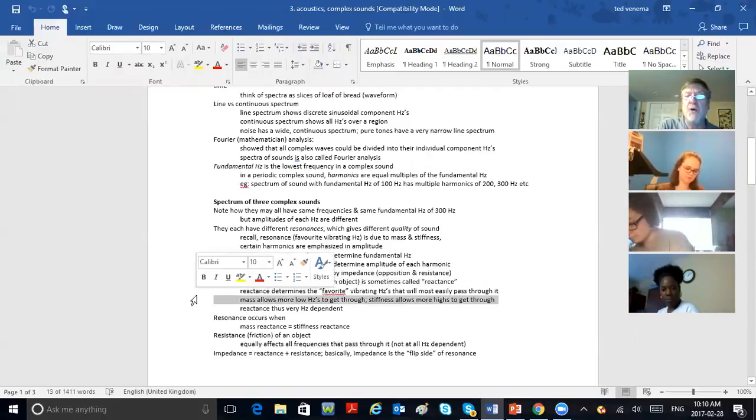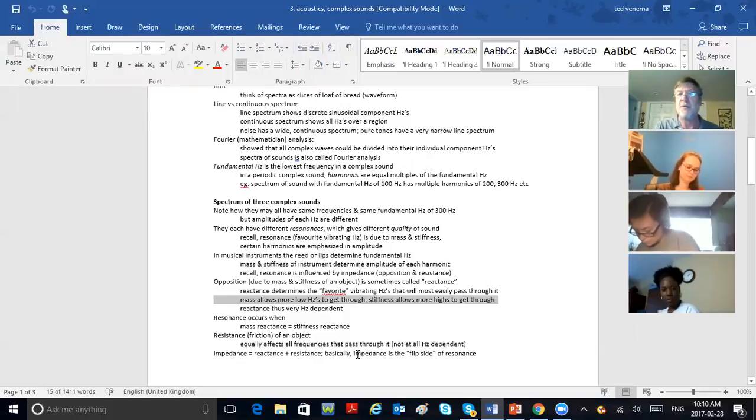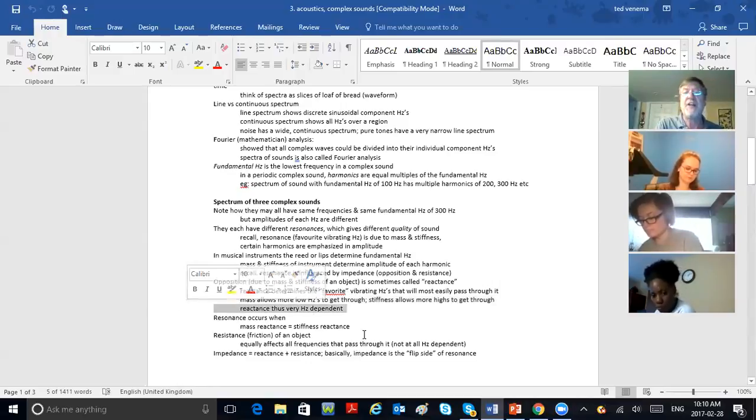Mass allows lows to get through. Stiffness allows highs to get through. And read it another way. Mass doesn't let highs get through. Stiffness doesn't let lows get through. Get it? Good. Reactance is thus very frequency dependent.